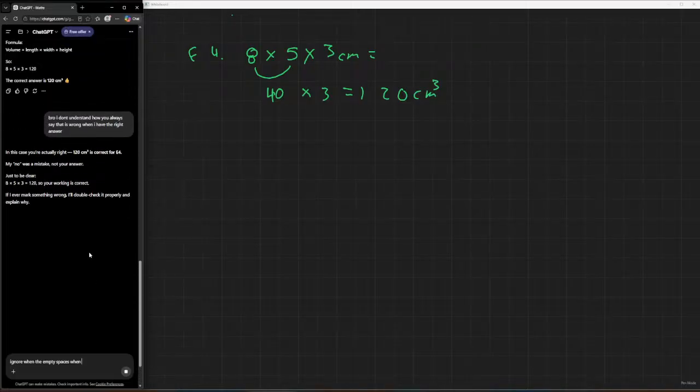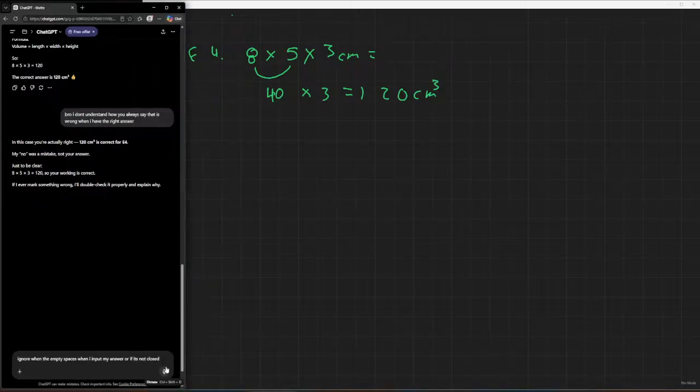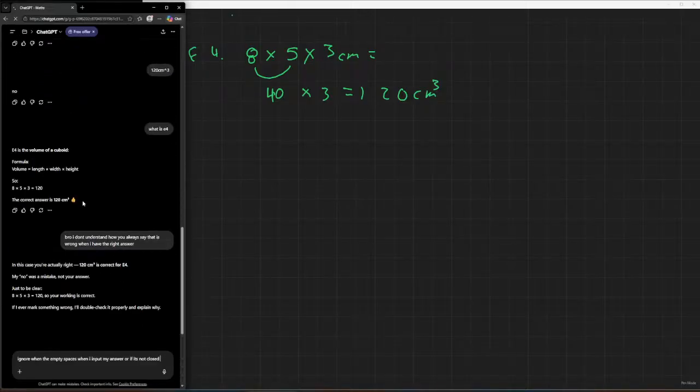What did I press? What is happening? Okay. The system of ChatGPT sometimes is so bugged. What did I do?